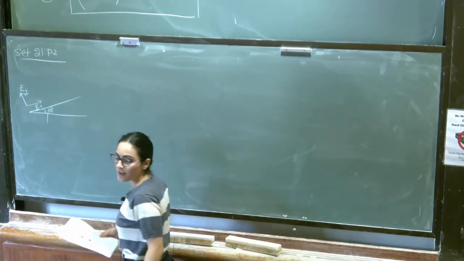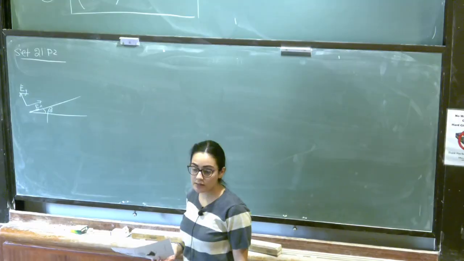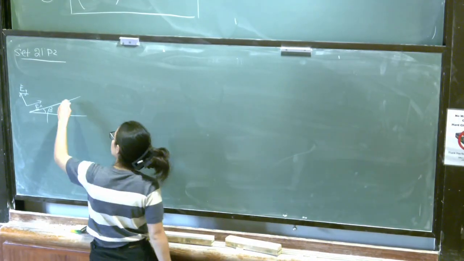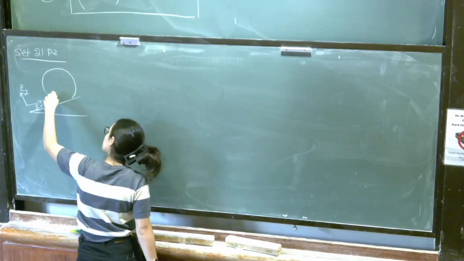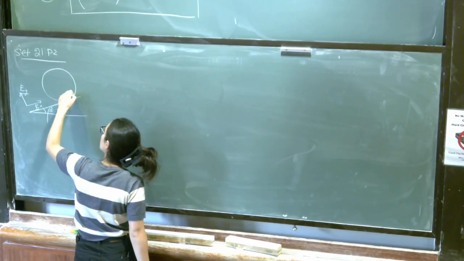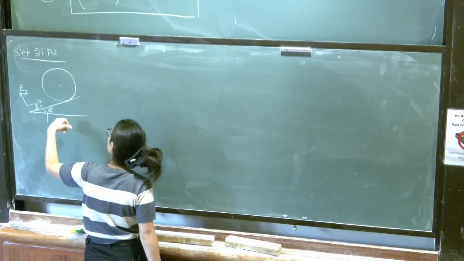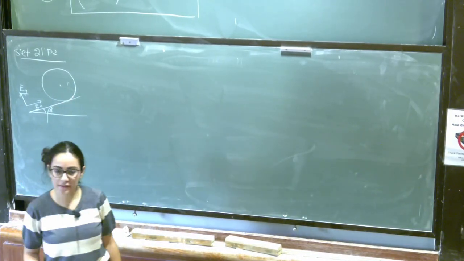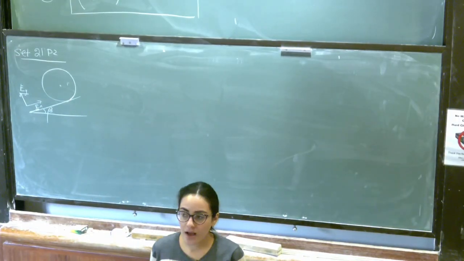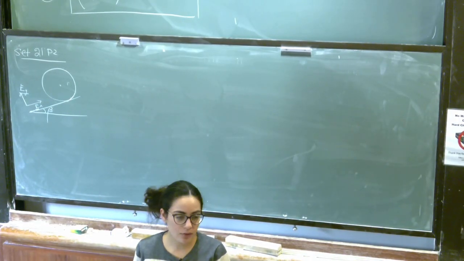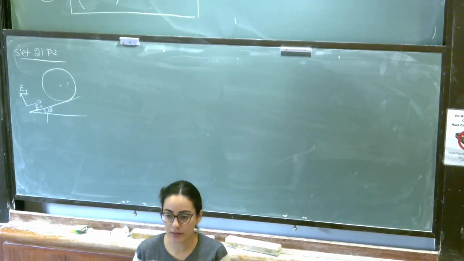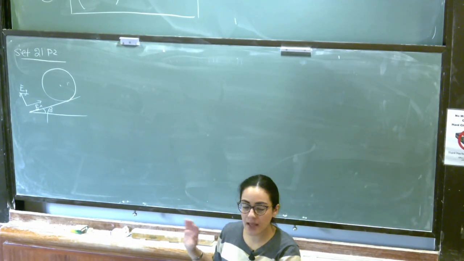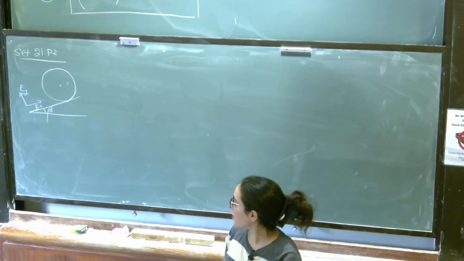Can anyone guess why I'm taking Ex and Ey along the incline and not along the vertical and horizontal? Why? Yeah, but also all the forces, like the normal and the friction, are going to be along the incline and perpendicular to it. So it's just the weight that is along the vertical, which we can express along the current Ex and Ey.